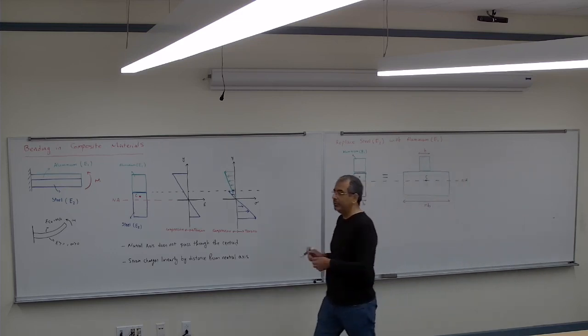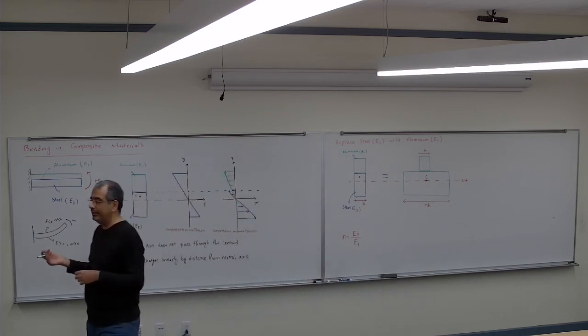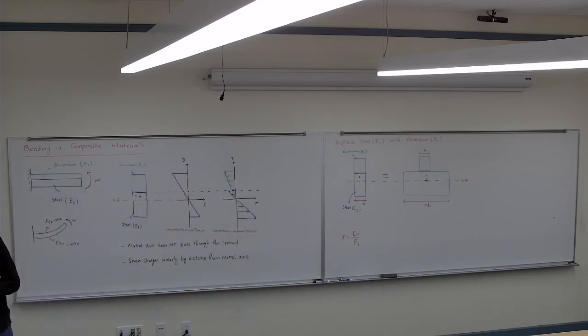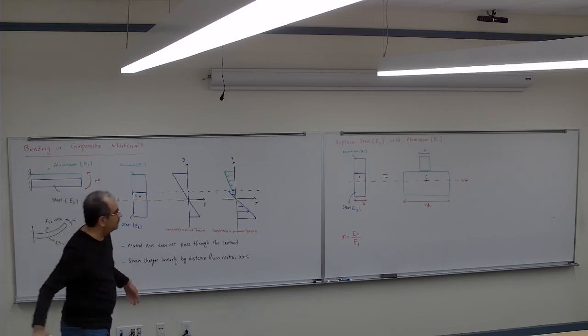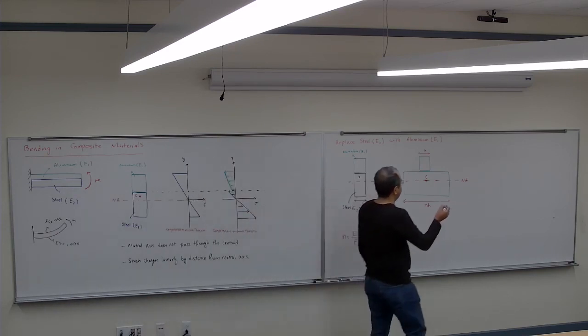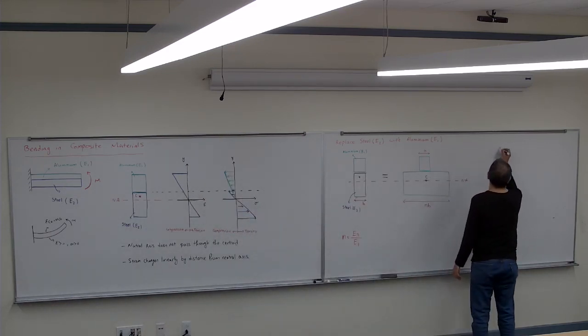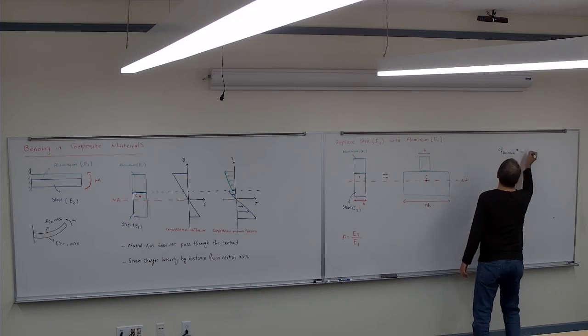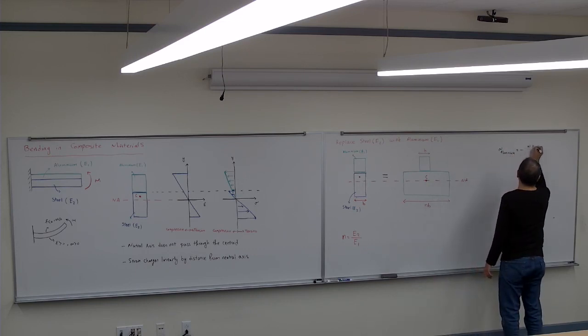So if I want to write that, the sigma in the aluminum, which is negative, is going to be negative MY divided by I.